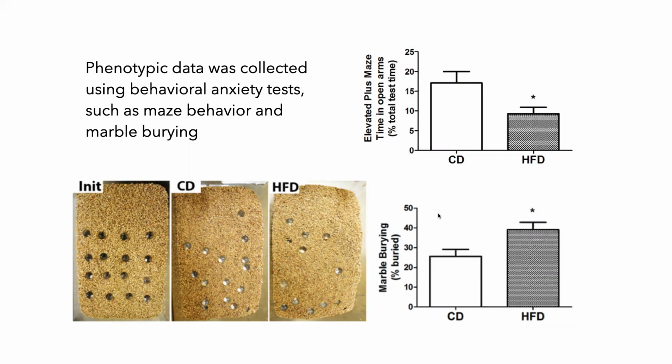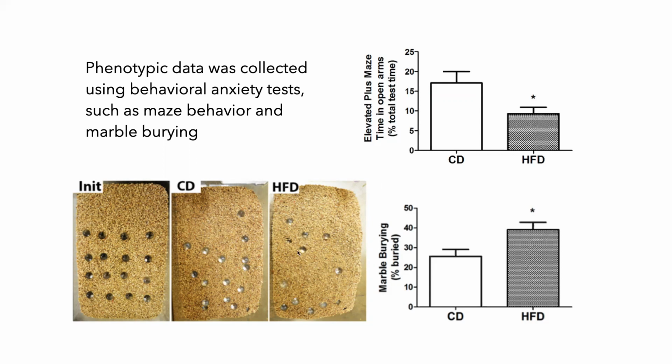One of the ways is to look at an anxiety test, which is measured by burying marbles. Maze behavior is when you have a maze and you can study cognitive function. For example, how well does a mouse remember how to go through the maze? So you can do all kinds of tests to study behavior.